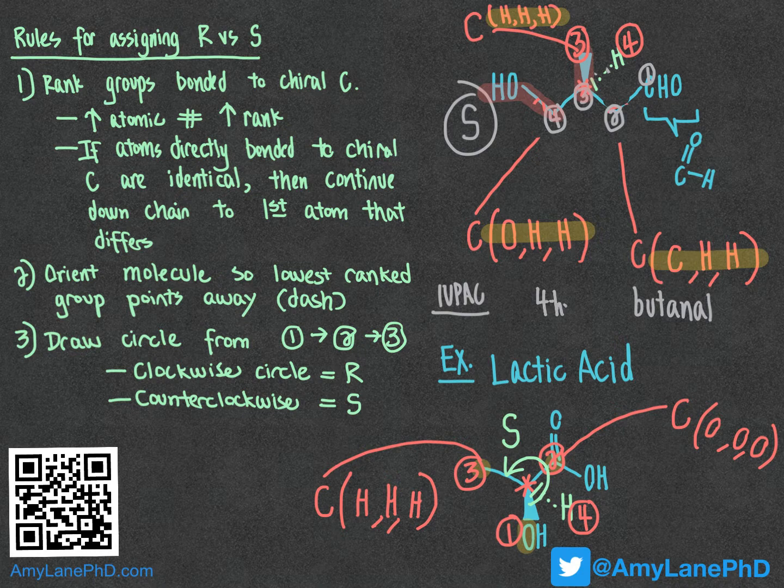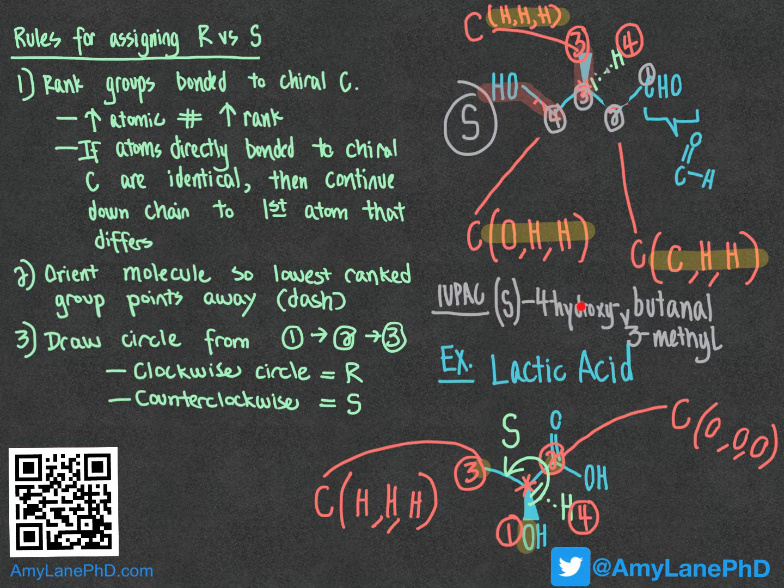So 4-hydroxy, I'm running low on space, 3-methyl, and the word methyl should run directly into the word butanal, and then at the beginning of that, put the letter S to indicate what enantiomer we are working with here.